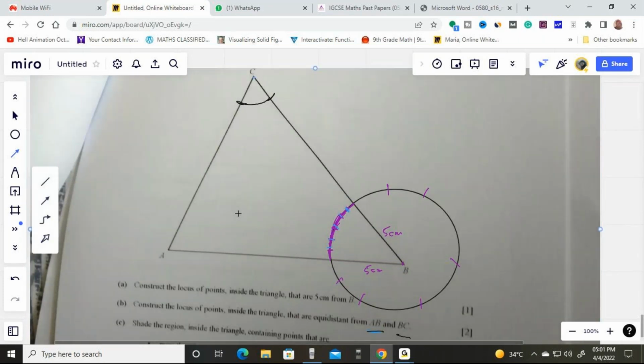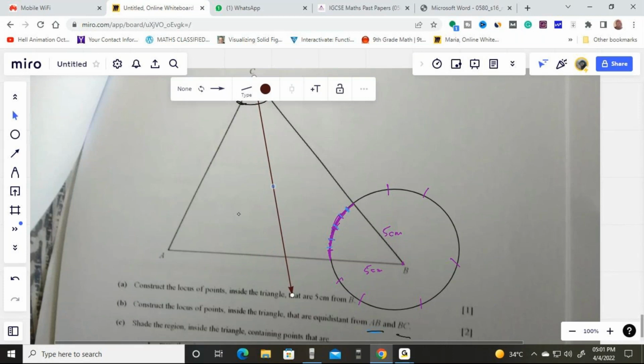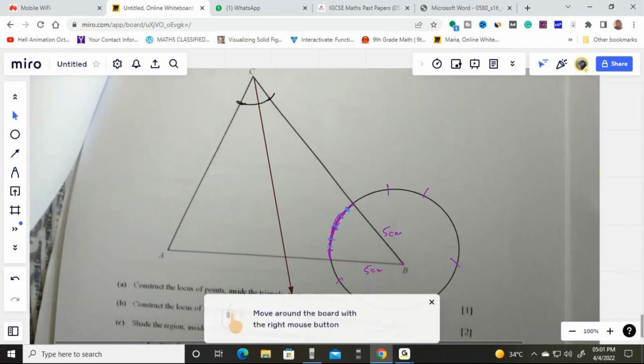If you draw a perpendicular bisector, for example, just look at this. This is your perpendicular bisector. Perpendicular bisector of which lines? AB and BC? That is not going to represent the locus.